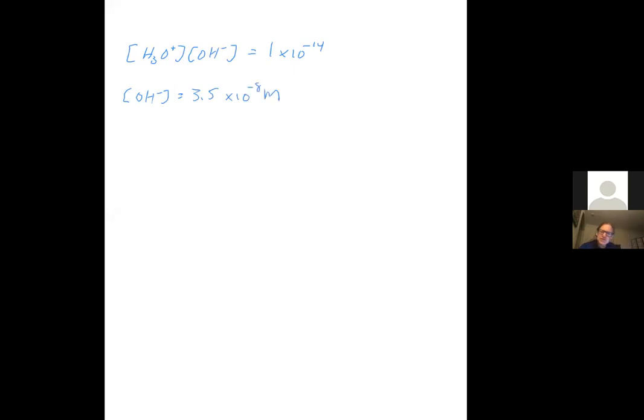And all they're asking you to do is find the hydronium concentration. Right? That's easy. You know this number, find this number. Well, what we would do is divide both sides by hydroxide, and we'd get that the hydronium concentration would just be Kw divided by the concentration of hydroxide.